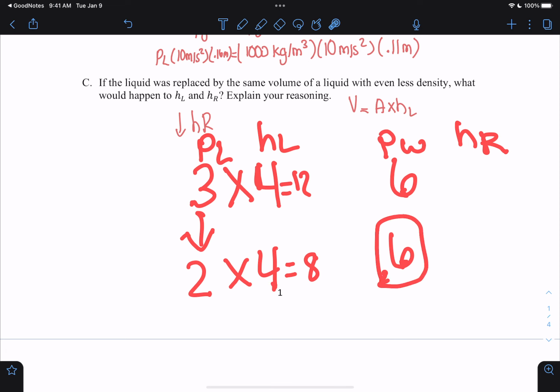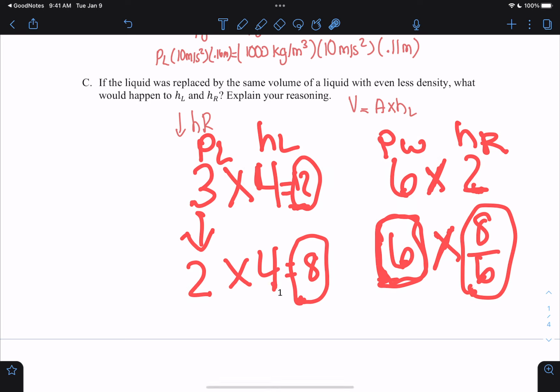Well, now I'm not maintaining 12 anymore. I have to have a new product here, which is 8. So instead of having to change the density like we did before, we have to change the height. And so now your height drops down to like 1.33 instead of 2.